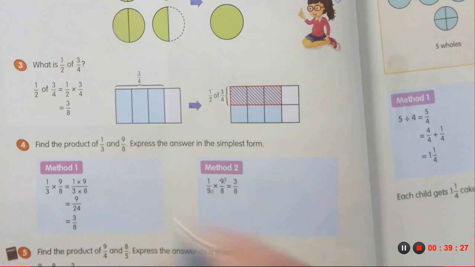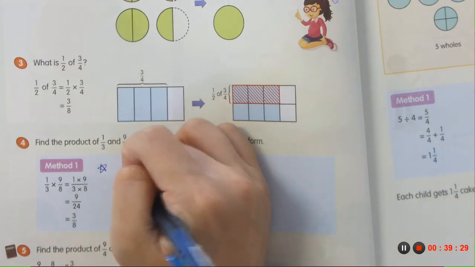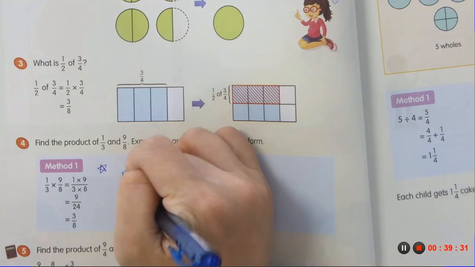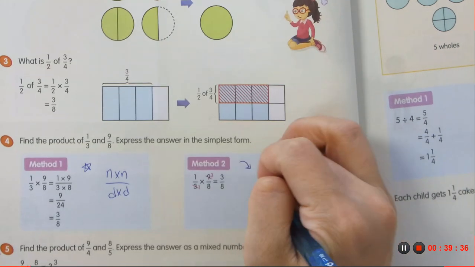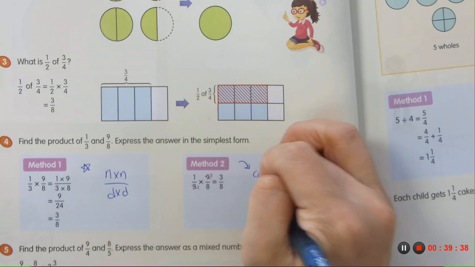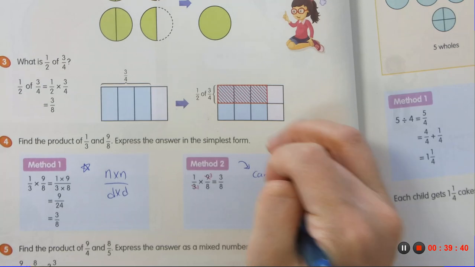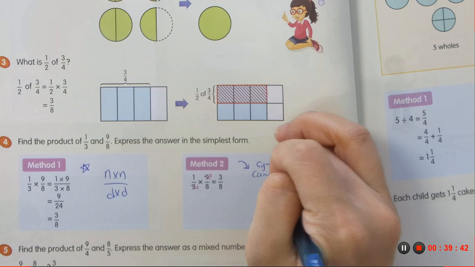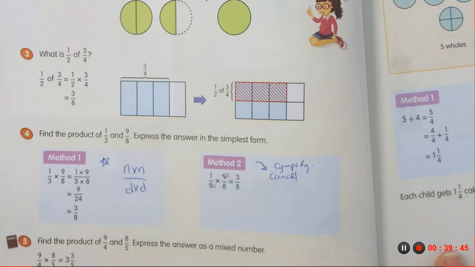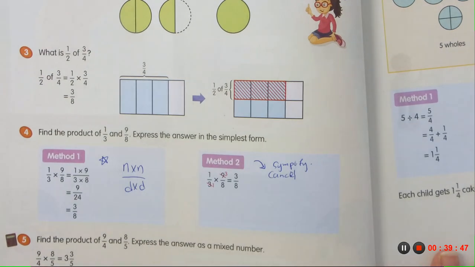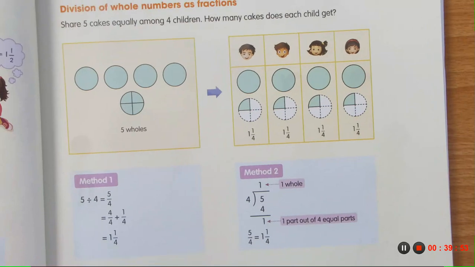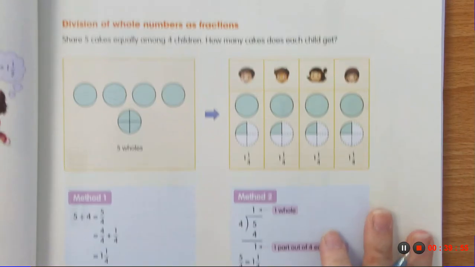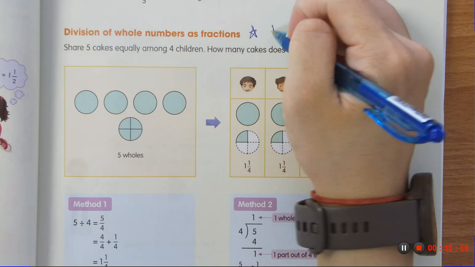Now, earlier on I emphasized this method. There's this other method that asks you to cancel and simplify. Now, if you look on the next page, this is the one that I also want you to read up as homework.